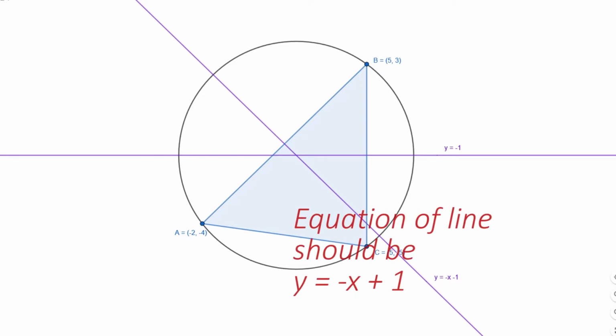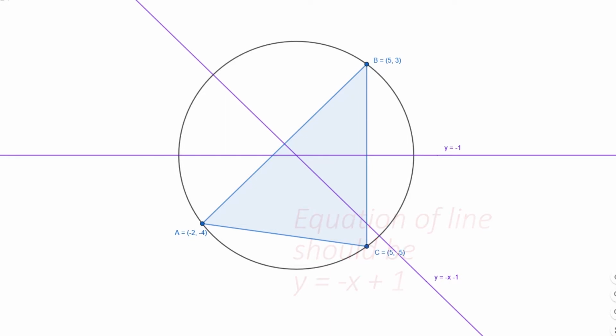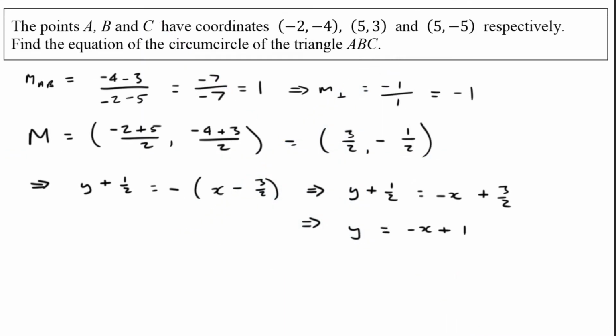So now we have the equations of the perpendicular bisectors of two sides of that triangle, and we know that they are going to intersect at the centre of the circle. Let's work out the coordinates of that centre. Well, we have just calculated this equation for one of those perpendicular bisectors, but earlier on we realized that another has equation y is -1, so solving these simultaneously, we have that -x plus 1 is -1.